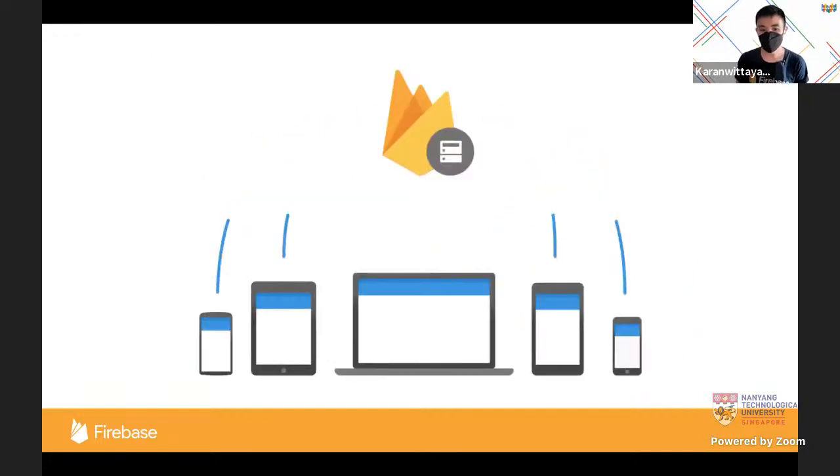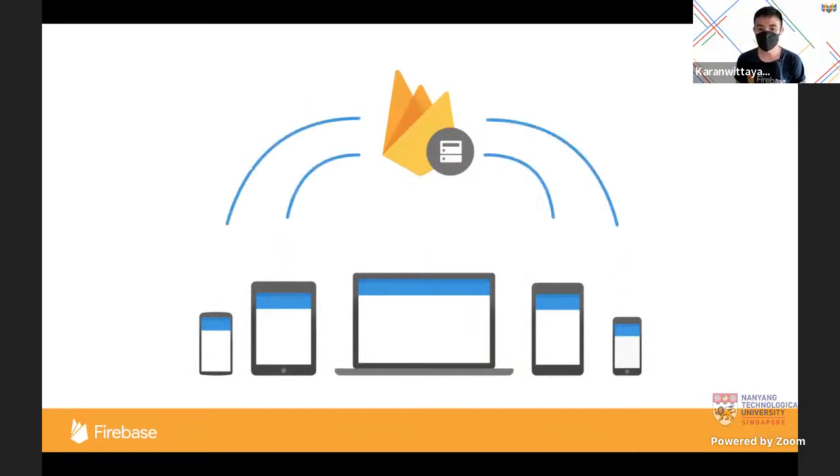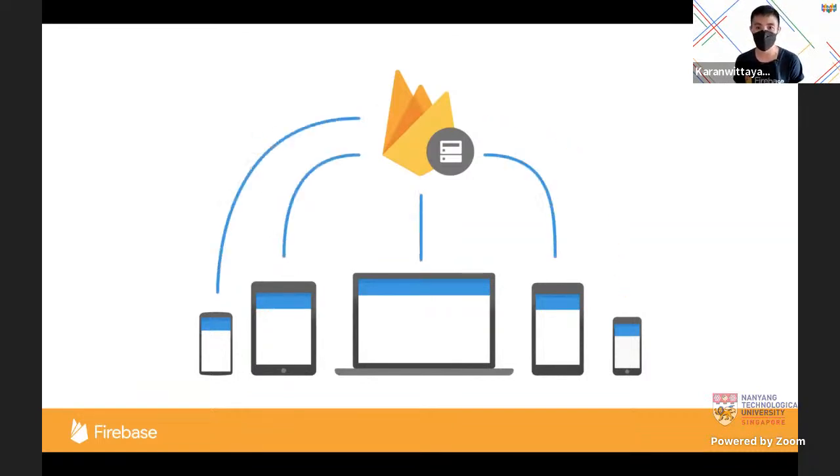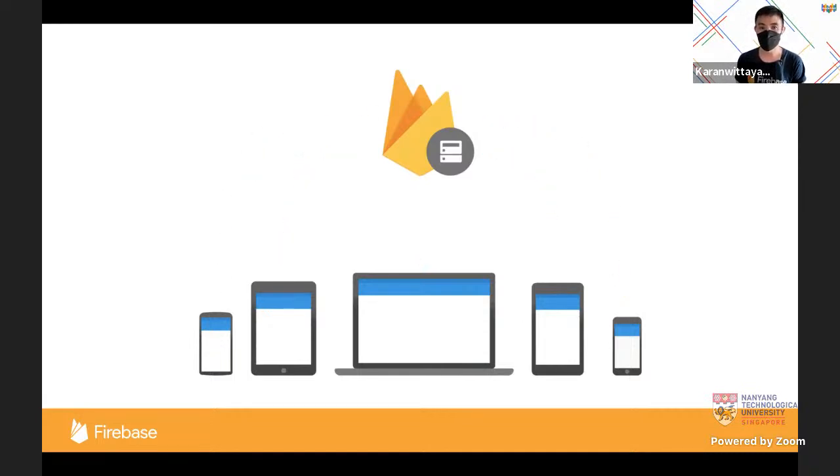So let me explain this picture to you. This picture explains very well how the Firebase Realtime Database works. In this picture, you will see two lines of color. The yellow one: when people would like to write something, to put something to the server on the cloud, they will send it to the Firebase Realtime Database, right?